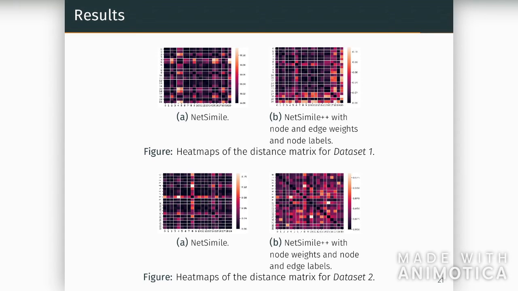In both of our sets of heat maps, we can clearly observe that the results are more discriminative in the second column, where our extensions are added. NetSimile++ managed to outshine NetSimile, providing results with more valuable insights on both dataset 1 and dataset 2.